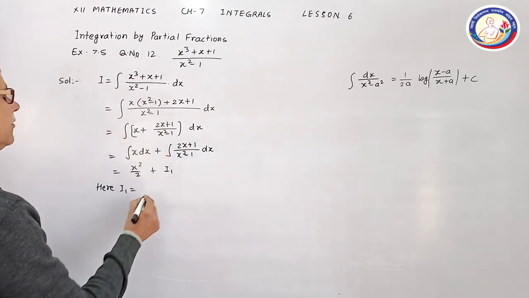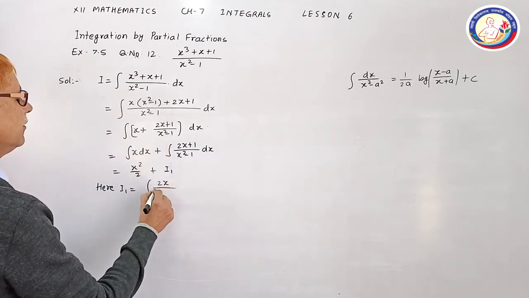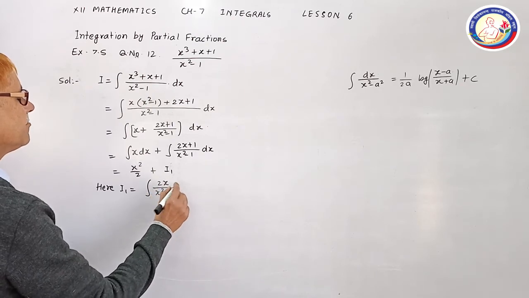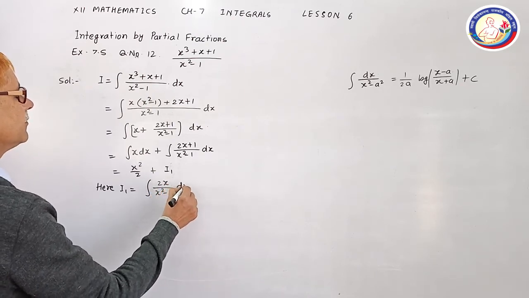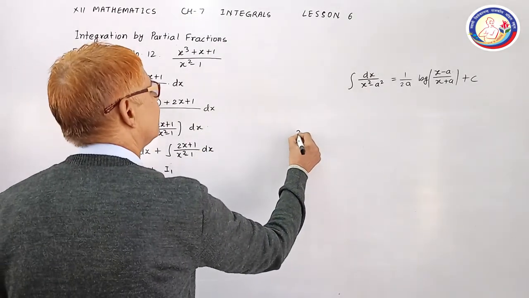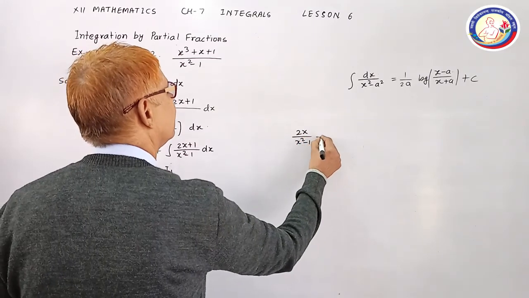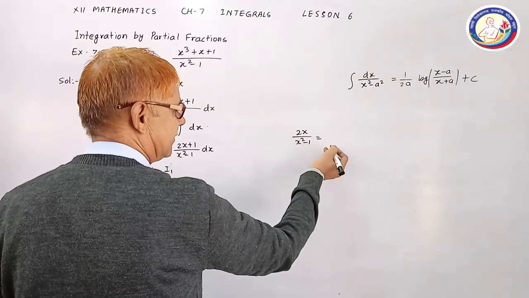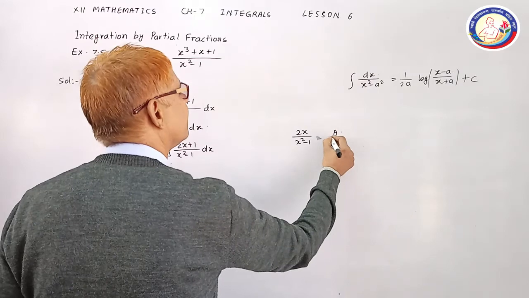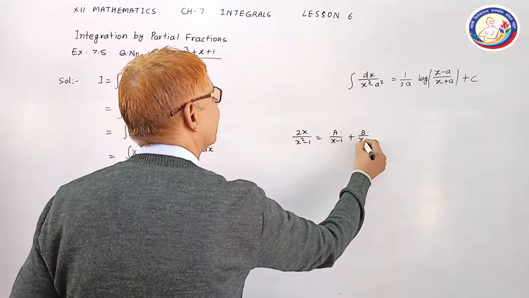integration of 2x upon x square minus 1 dx. So partial fraction for this will be 2x upon x square minus 1 equal to, the factors of this are x plus 1 and x minus 1, so a upon x minus 1 plus b upon x plus 1.